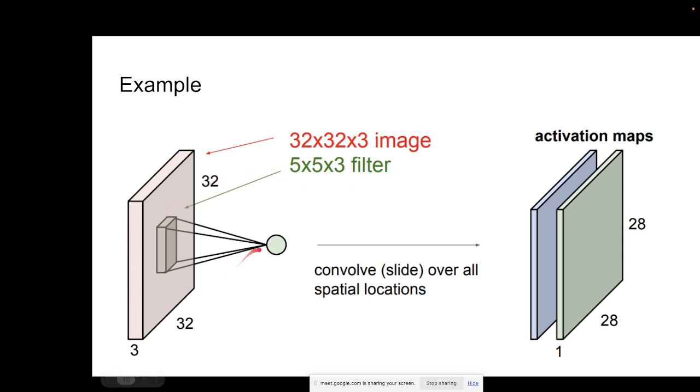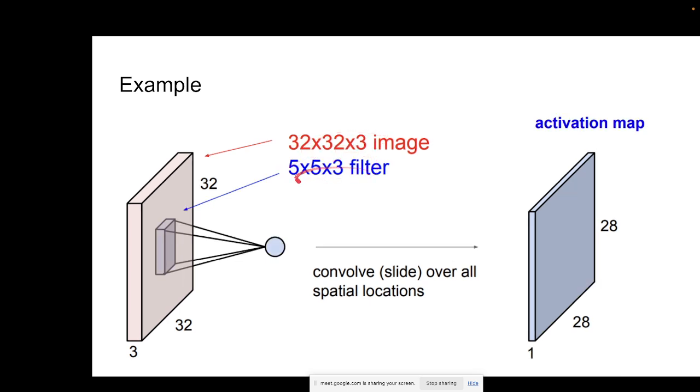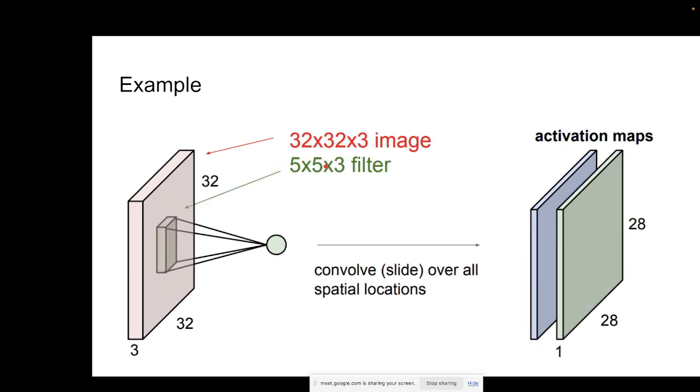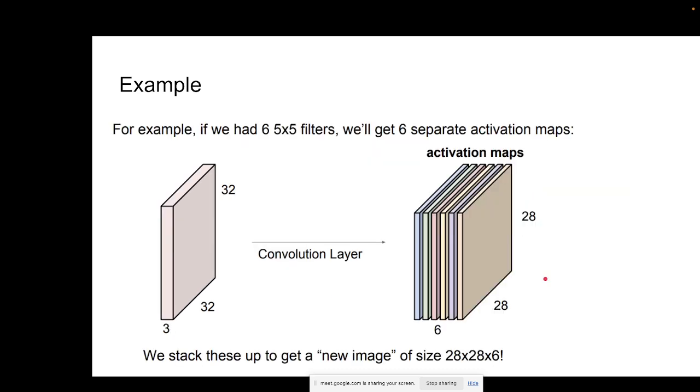Again we convolve the entire image with this particular filter, and what we get is another 28 cross 28 cross 1 image. This is the second activation map after the blue activation map. So now instead of having 2 filters, suppose we have 6 filters.